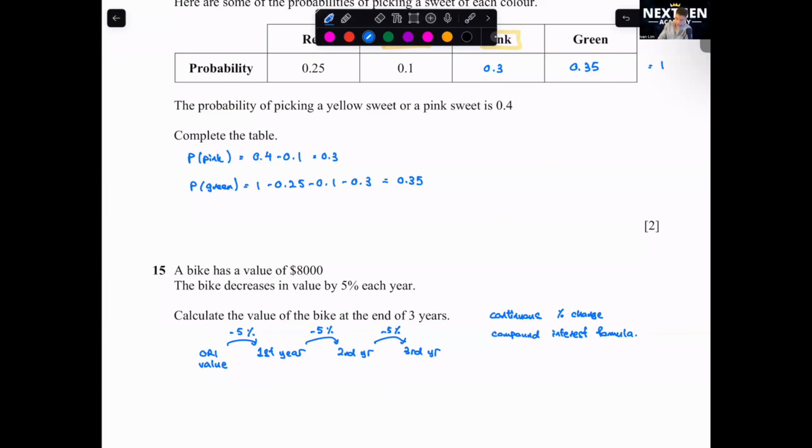Okay, so that means right now, the first year will be 0.95 of this. Then the second year will be 0.95 of this. The third year will be 0.95 of this. Got it? So every year it will be 95%.